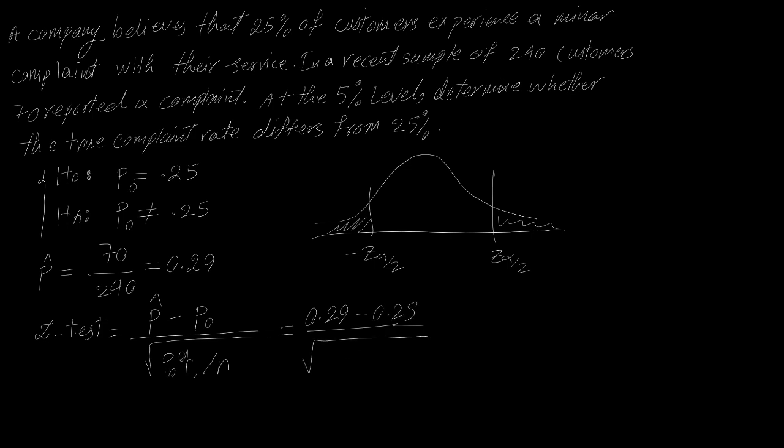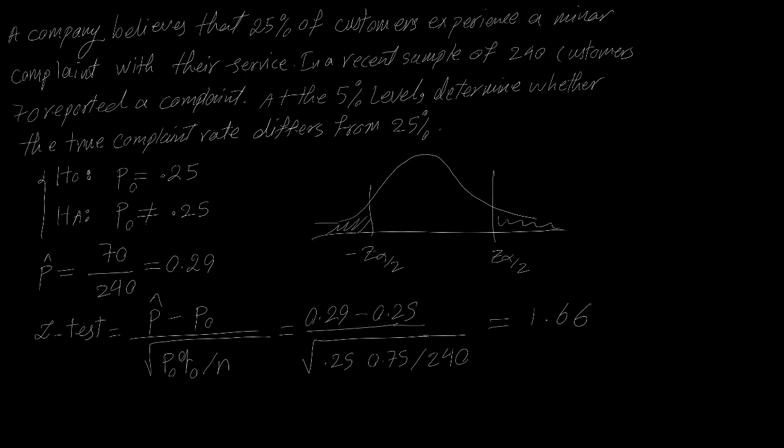In the denominator we have 0.25 and q is 0.75 over n, which is 240, under the square root. If I simplify, the answer is 1.66, and this is the Z test.